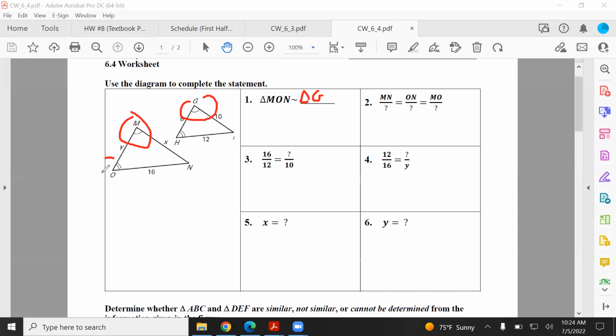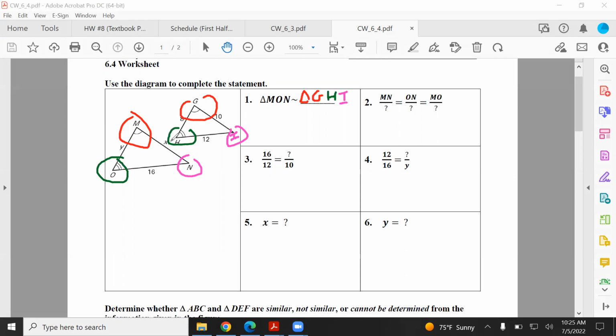And we do see that O, it's a different color, matches up with H. And then naturally, N would line up with, I think it's an I. Okay. So MON is similar to triangle GHI.